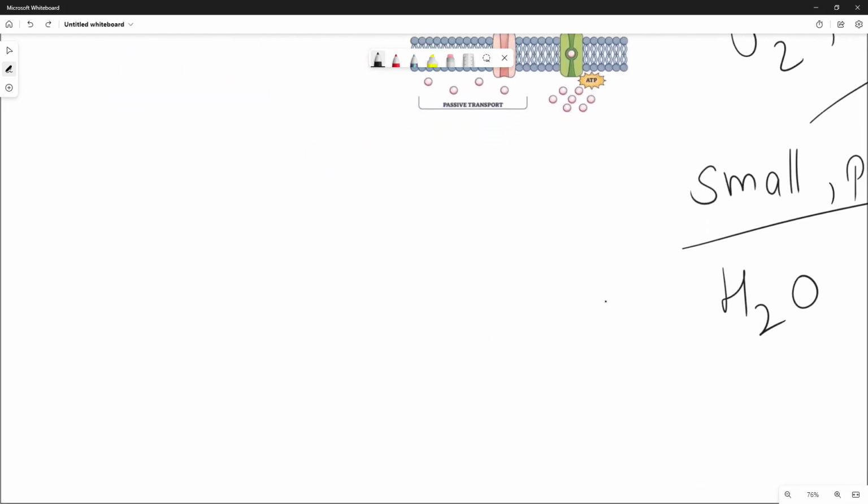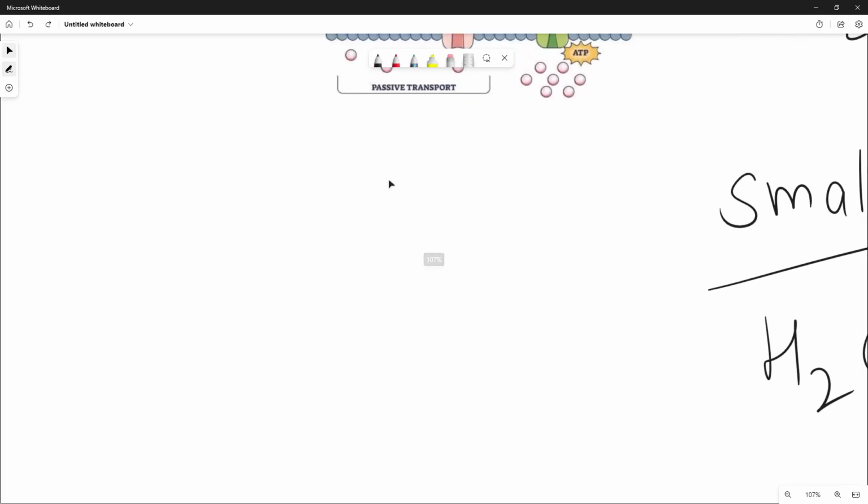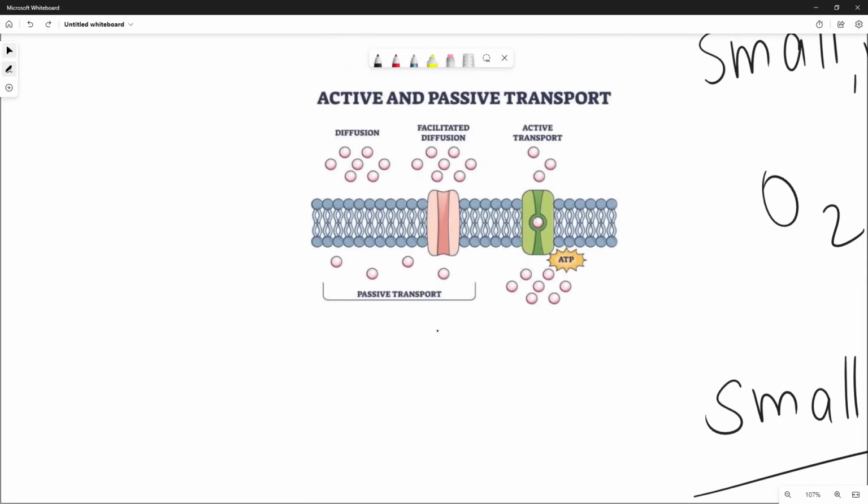So in order to go through, we have a channel protein which allows water to flow from high concentration to low concentration in this direction, since there are more particles this side.